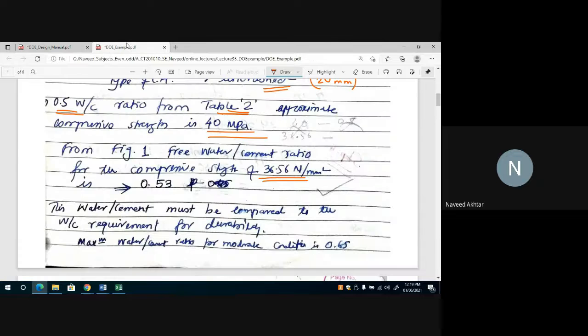The compressive strength axis shows 32, 34, 36, and our target mean strength is 36.56.